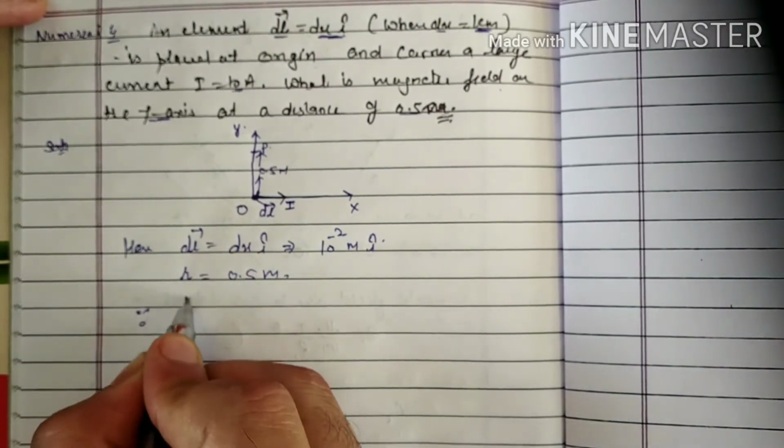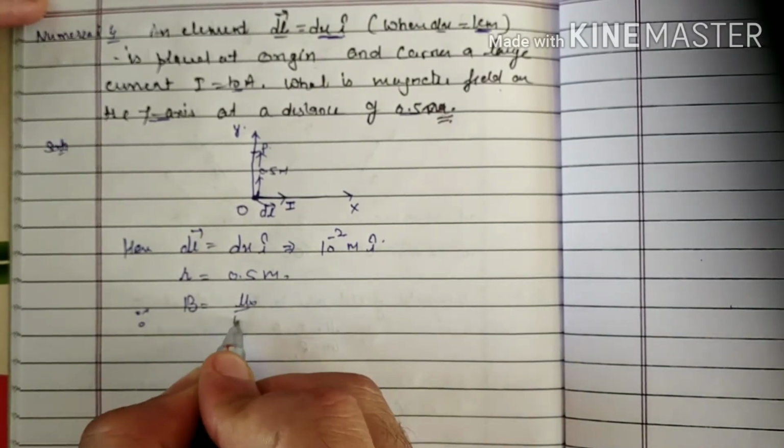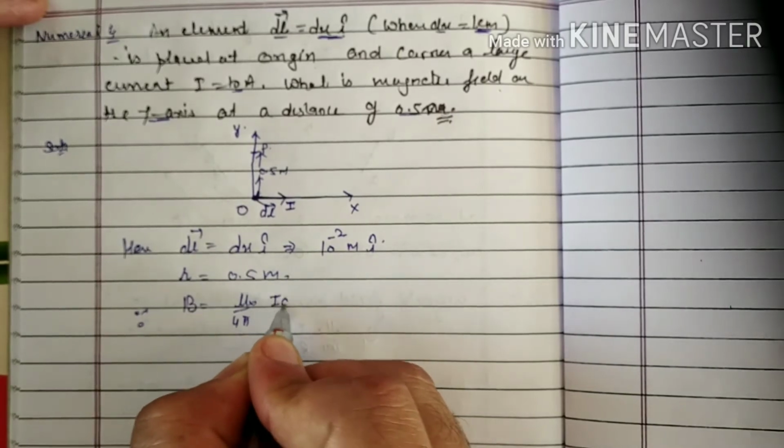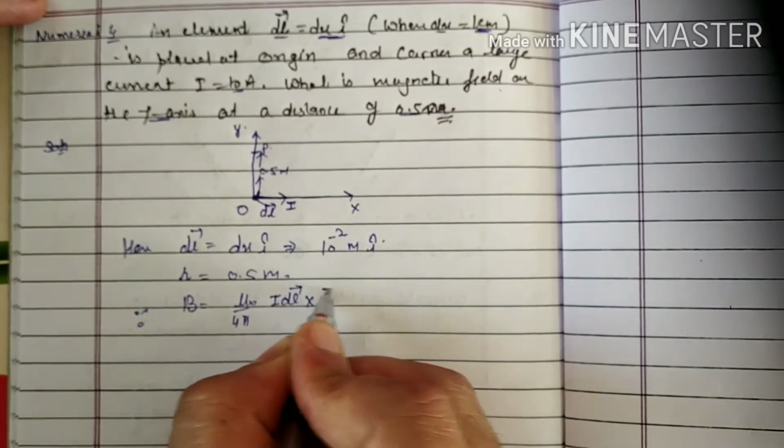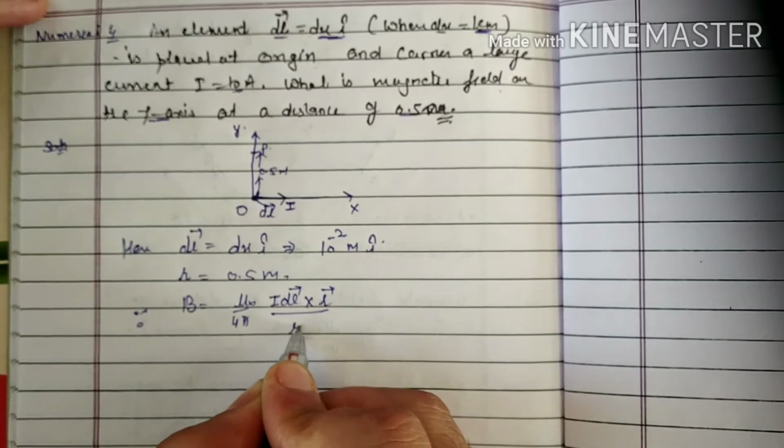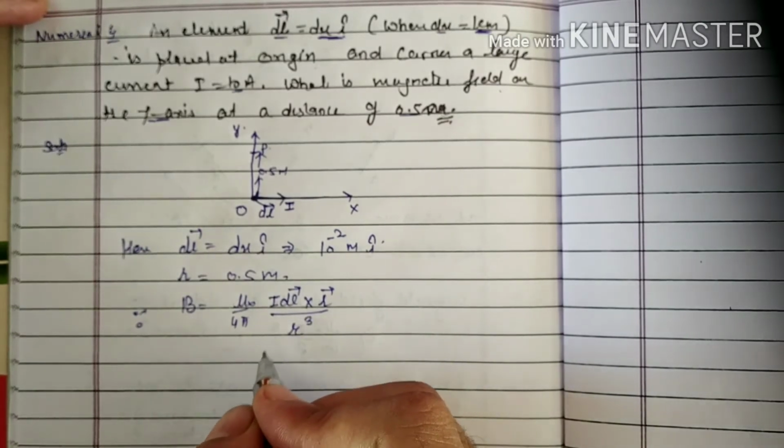Now because B is equal to mu naught upon 4 pi, I dl cross r upon r cube, given in vector form, we will use it in vector form.